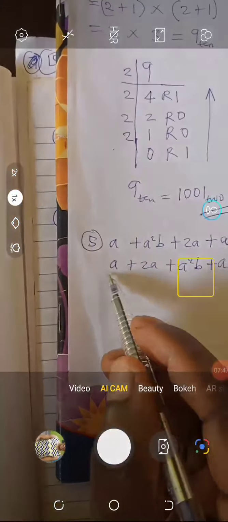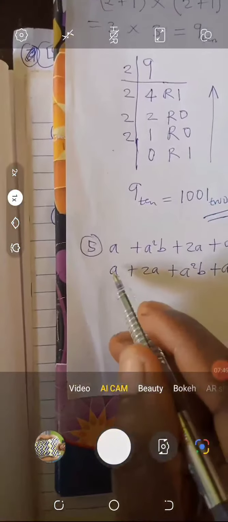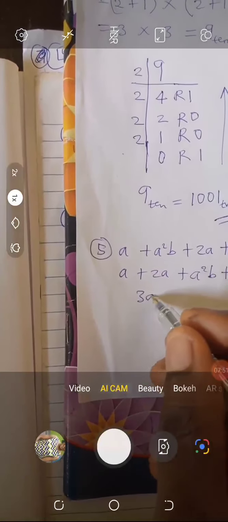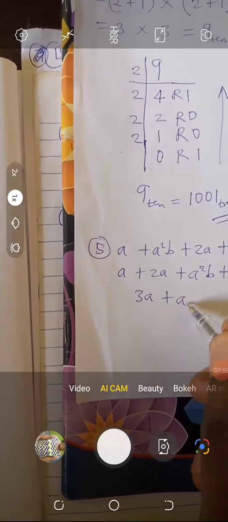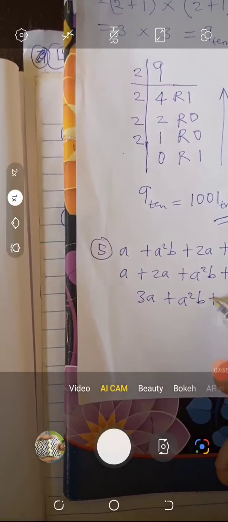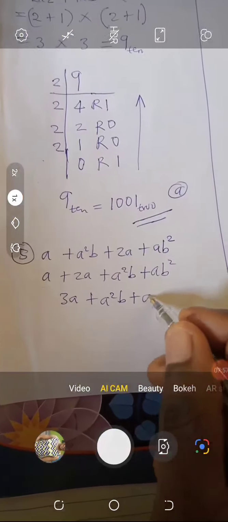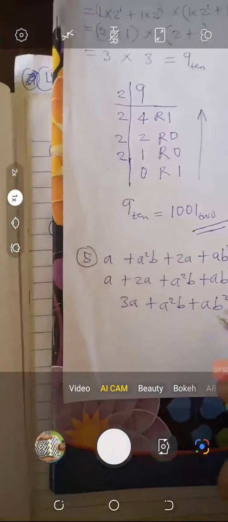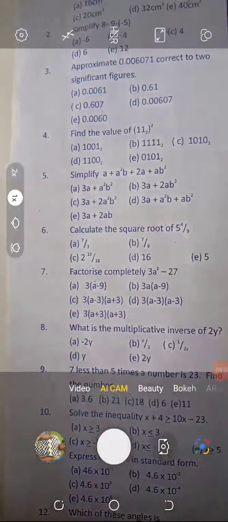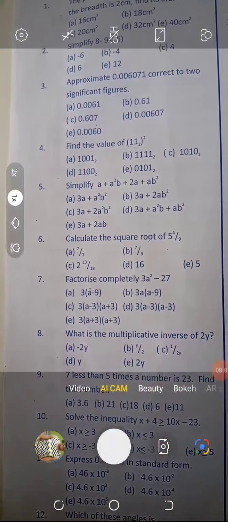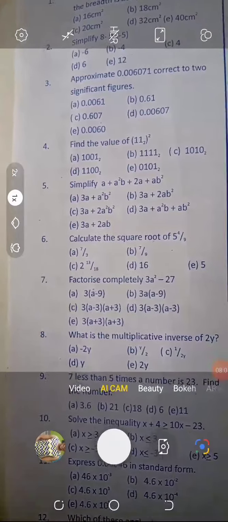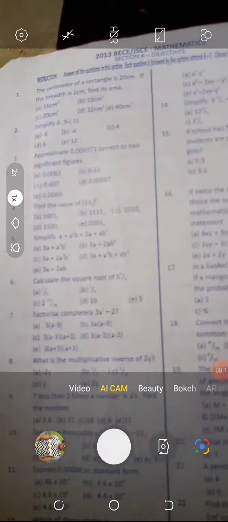You can see these are like terms, so we can quickly add them together. 1A plus 2A, we have 3A plus A square B plus AB square. So that is our answer. If you check on your options, you find out that is actually the answer. The answer is D. Good one.